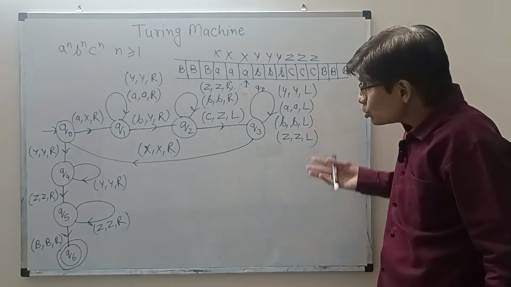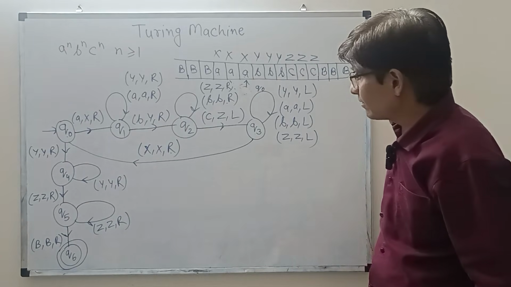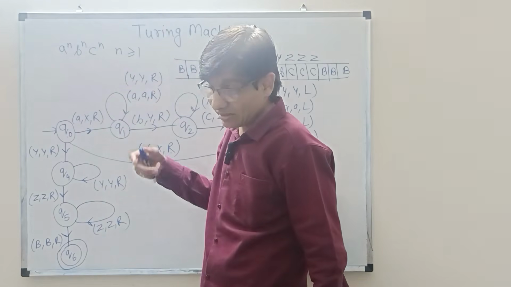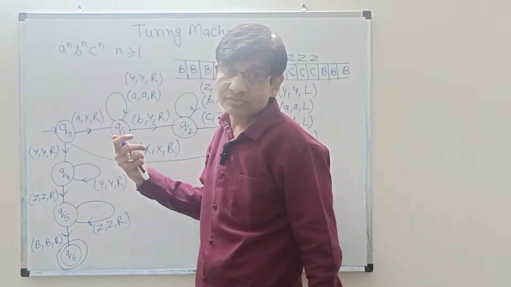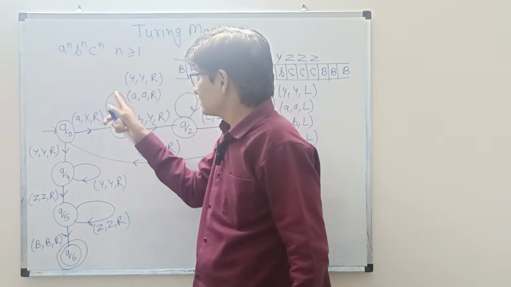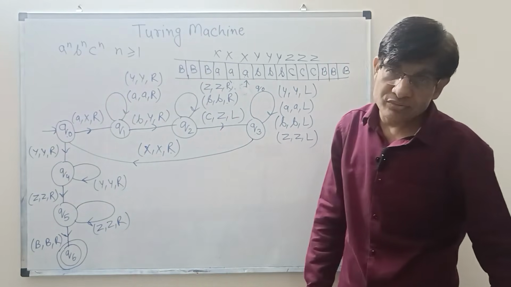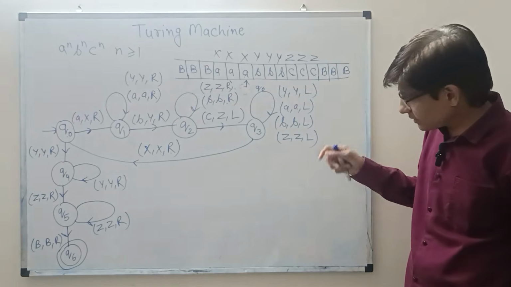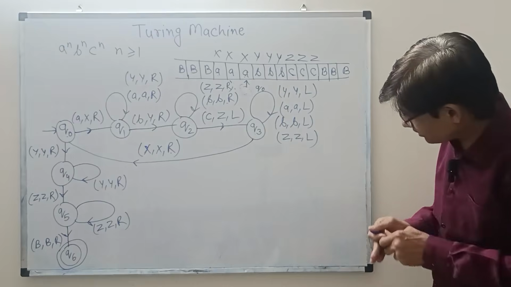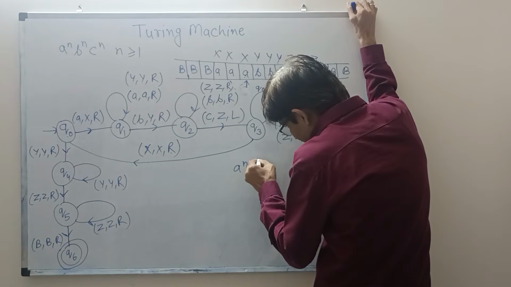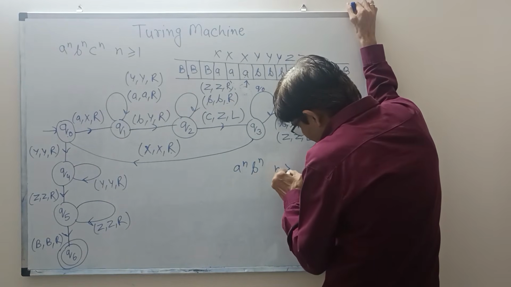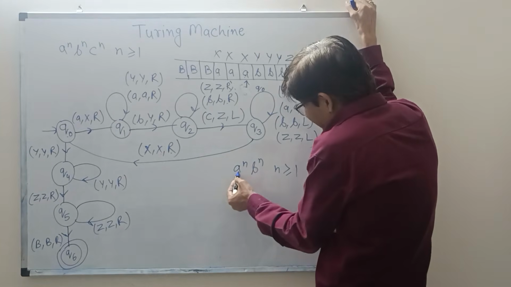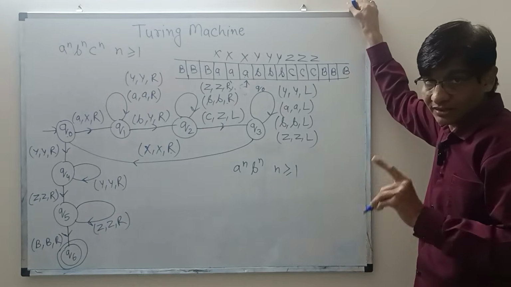Now you may have different languages, with fewer input symbols or more input symbols. For example, a to the power n, b to the power n, where n is greater than or equal to 1. In this particular language, c is not there, right?